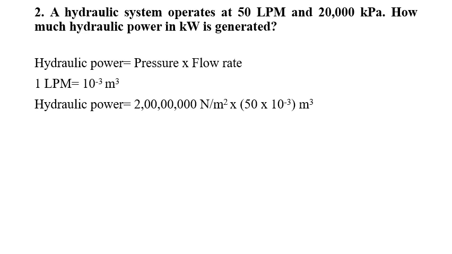Pascal is nothing but a Newton per meter square, into flow rate 50 into 10 to the power of minus 3 meter cube. Simplify this, you will get hydraulic power equal to 1,000,000 watt, nothing but 1000 kilowatt. So the answer of this question is 1000 kilowatt.